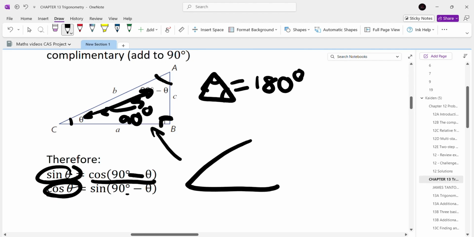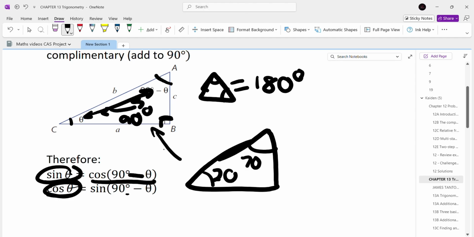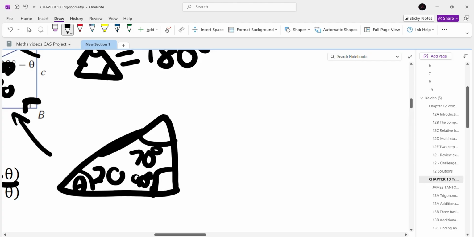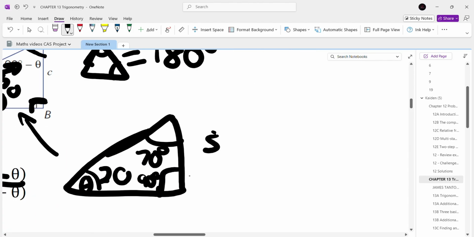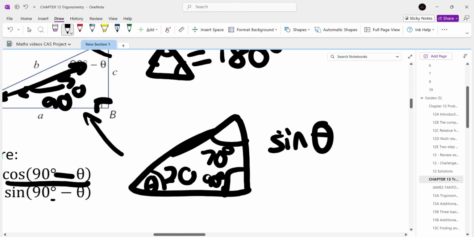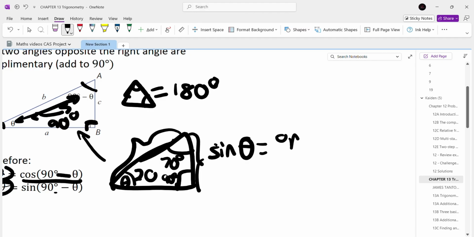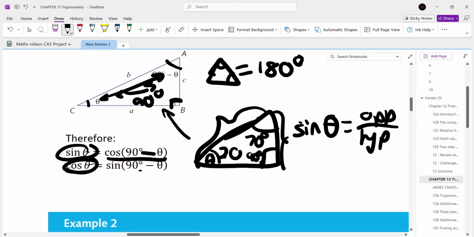For example, if we have 20 degrees and 70 degrees, and this one's 90, in this triangle, and we say that this theta is the reference angle, therefore we'd be saying that the sine of theta is opposite over hypotenuse, and then 90 minus theta gives 70, right?